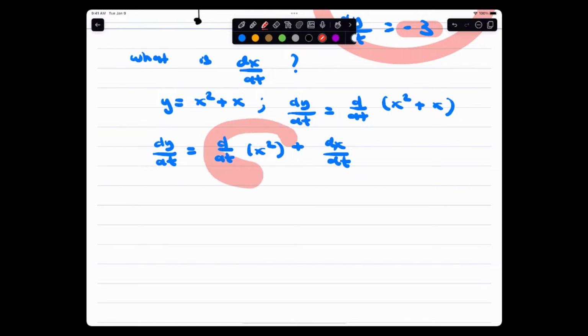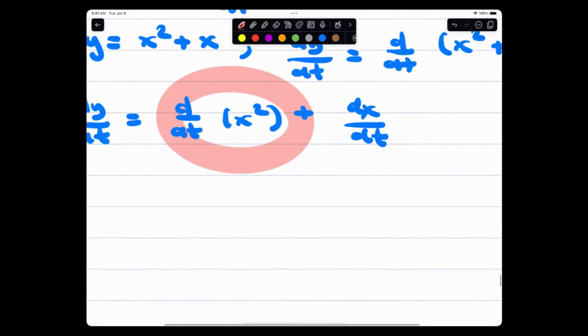Okay, you guys see this portion here? What do you guys think you do with that? What is going to happen here? Chain rule. 2x times dx/dt.